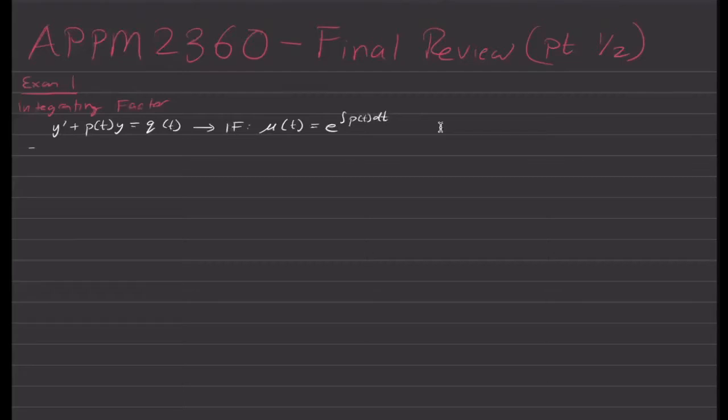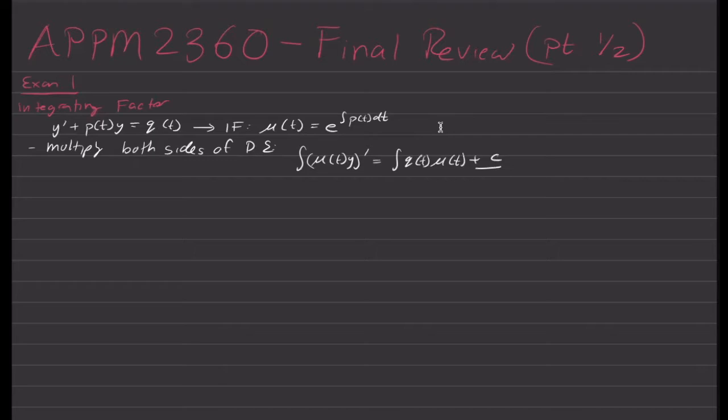And so the method that you want to use is you'd want to multiply both sides of the differential equation. So I'll write it in this form. It'll be mu of t times y is equal to the integral of q of t times mu of t, plus c.